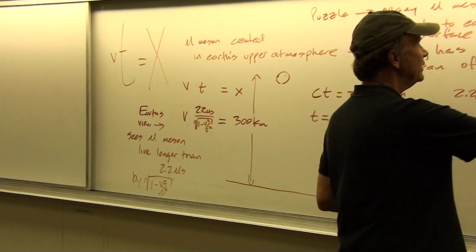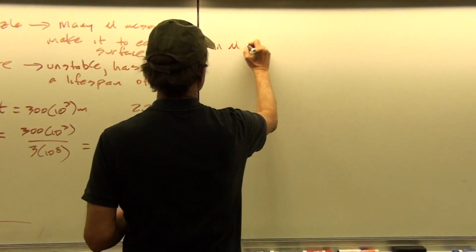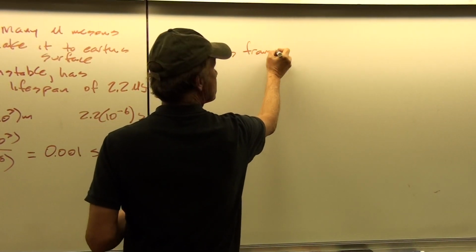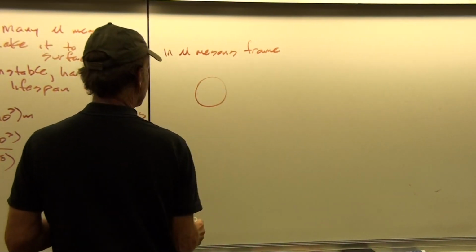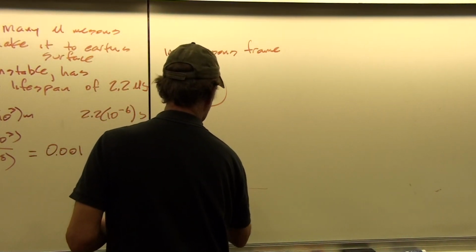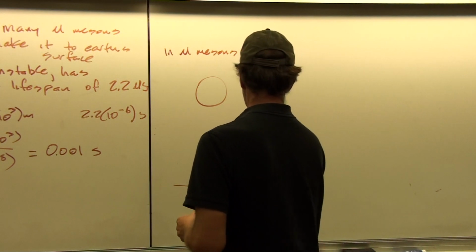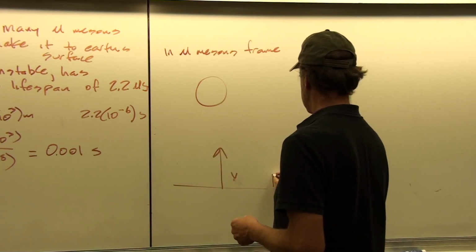Okay, so in the mu meson's frame, the mu meson's not moving. And it's the Earth that's moving up toward the mu meson at a velocity v. So this is the Earth's surface moving toward the mu meson.